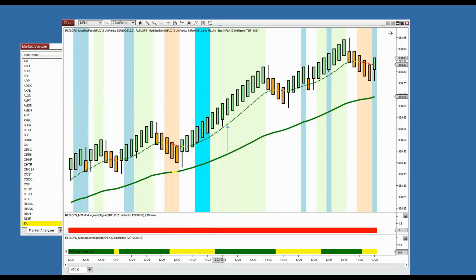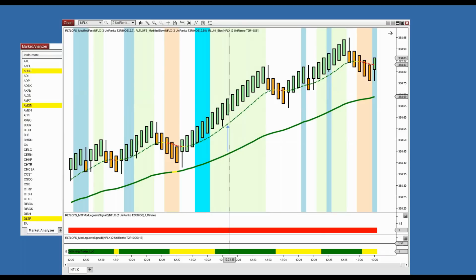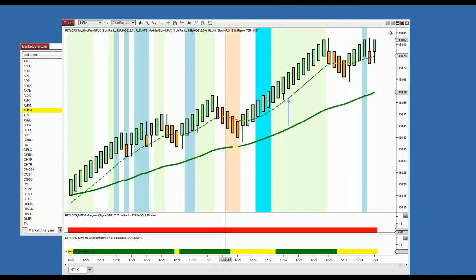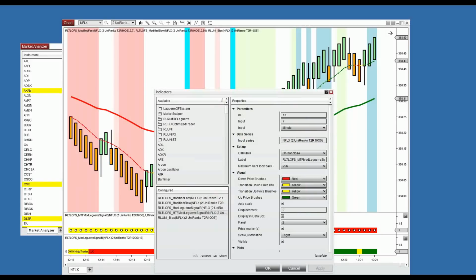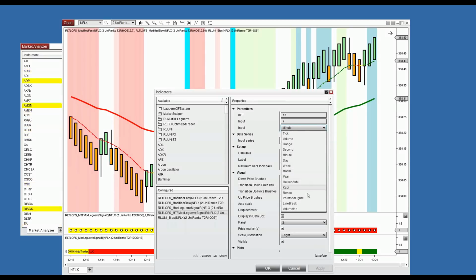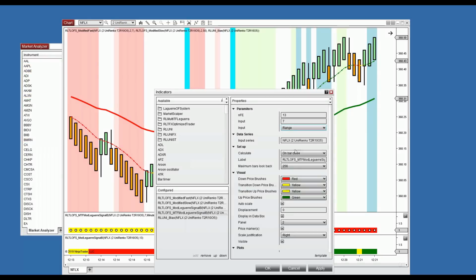Now, what we have down here, and I have a lot of slides for this, and I really want to talk about it fairly briefly. Let me just make sure that this has got the right input in it. See, it's on a minute. Let me change it to range, and this is going to be a 13.